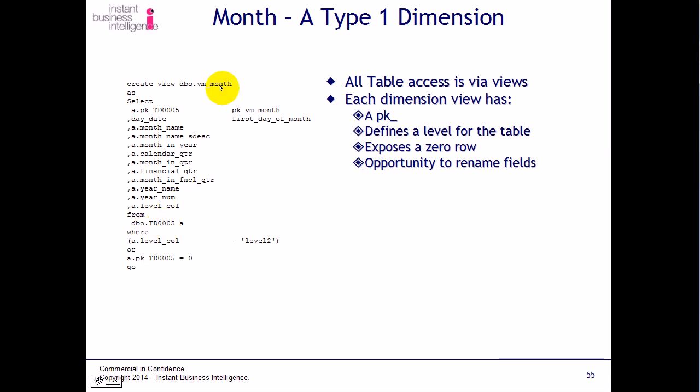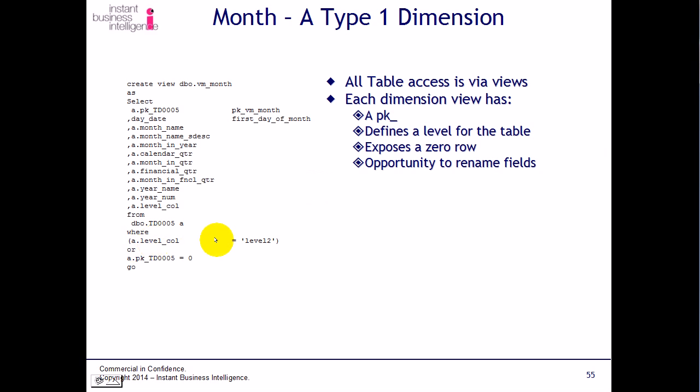So that's the table and that's the view. And out of month, the key PKTD0005 gets changed into PKVM month. So each dimension view has PK underscore and then dimension table name. All table access is via views. You're not allowed in BI4ALL to access a physical table.